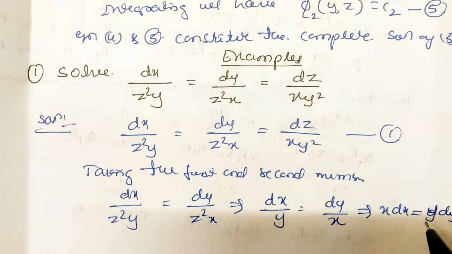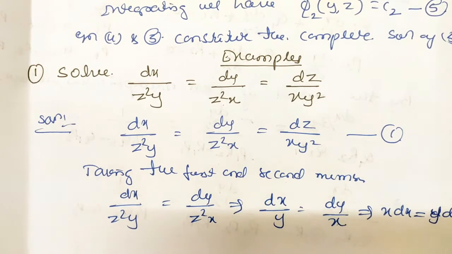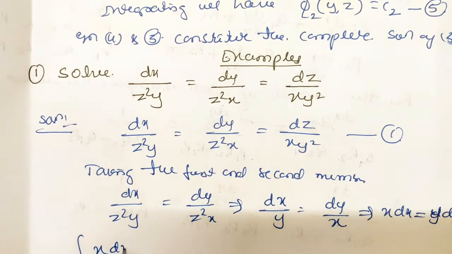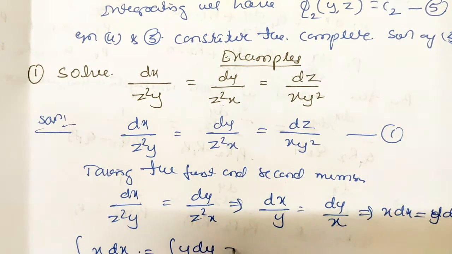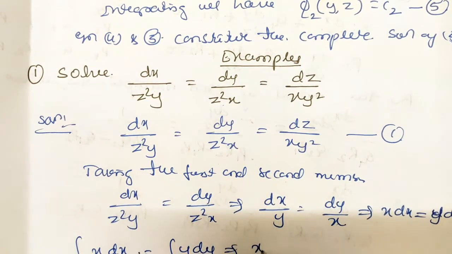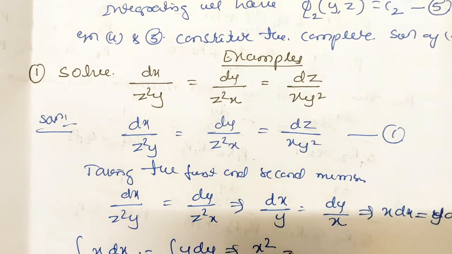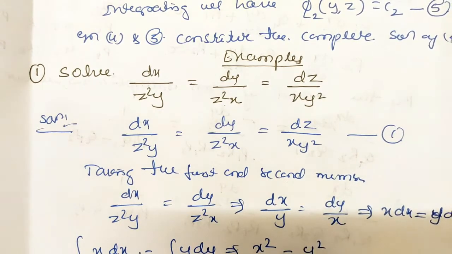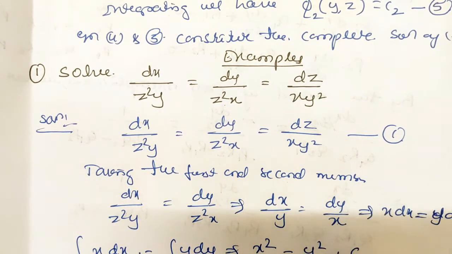Integrating on both sides, we have integration of x dx is equals to integration of y dy. This implies x square by 2 is equals to y square divided by 2, plus the constant of integration, which we can take as c1.